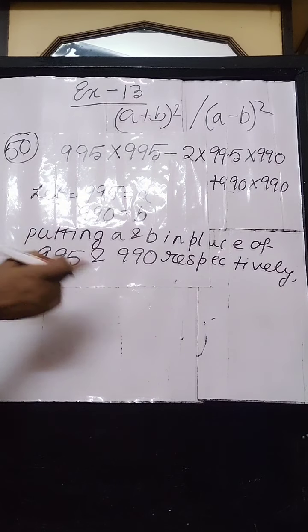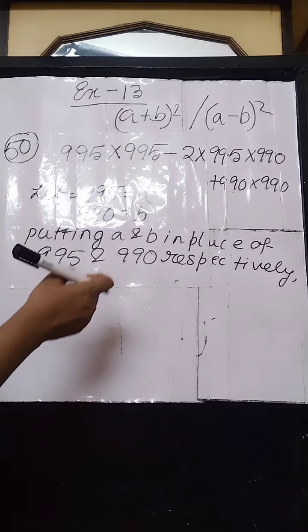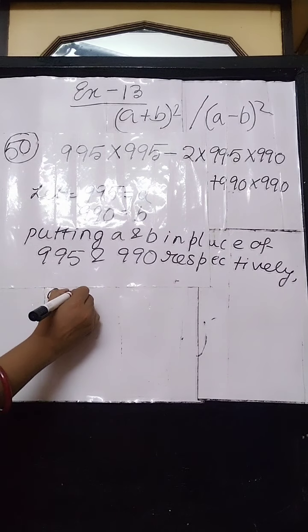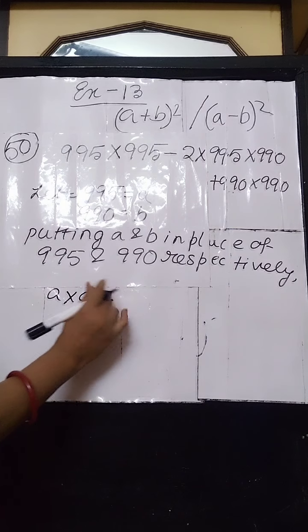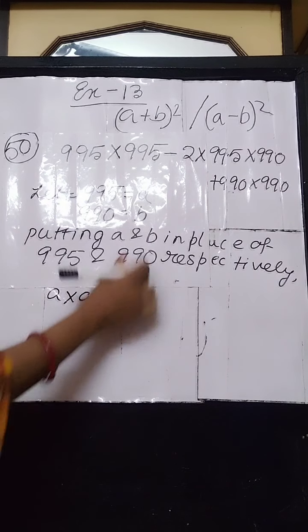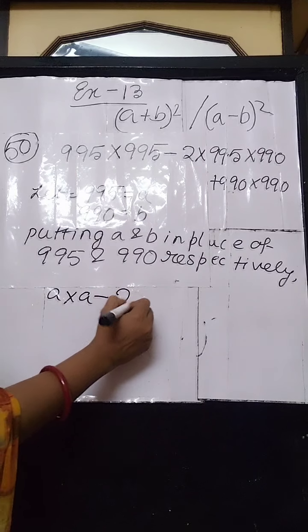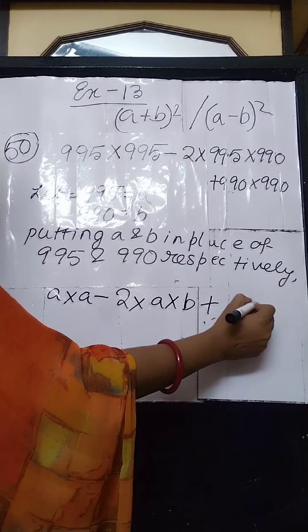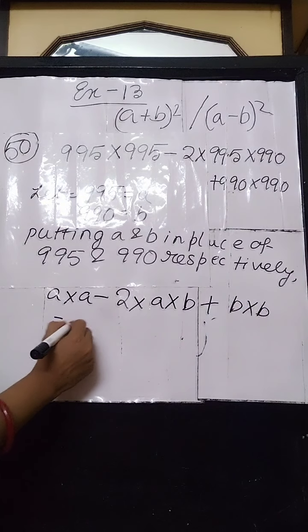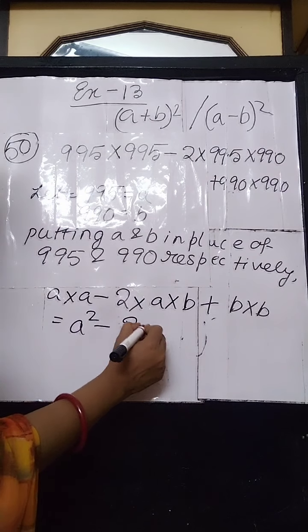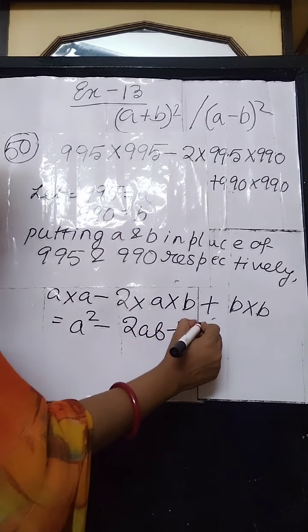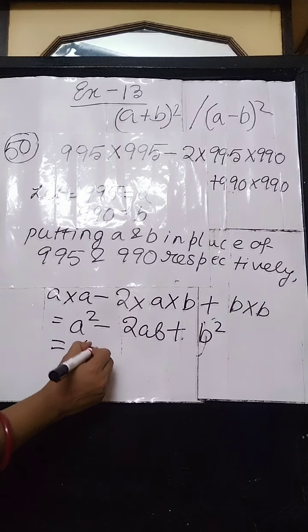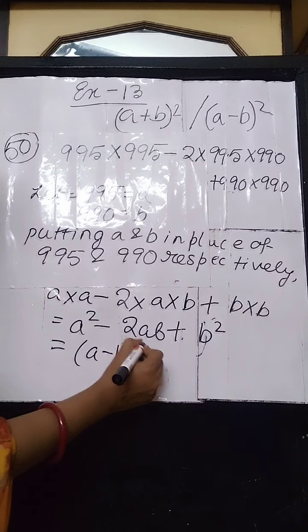Putting A and B in place of 995 and 990 respectively, we get A into A, not plus, minus is given in this sum, so minus 2 into A into B plus B into B. That means A square minus 2AB plus B square. Here the formula of (A minus B) whole square is applied.